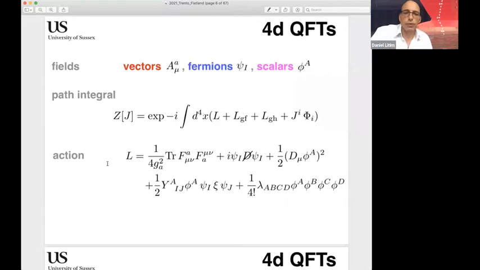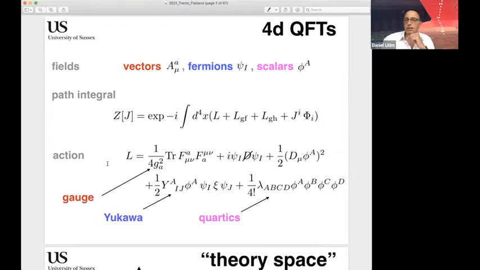Now, when I say 4D, what I mean is the most general type of 4D theory you could reasonably write down, namely something which involves gauge fields, all sorts of gauge interactions. You can write down what you want, effectively. Coupled fermions, these may or may not be charged under the gauge groups. We have scalars, which may or may not be charged. We have Yukawa interactions between the fermions and the scalars, and we may have quartics.